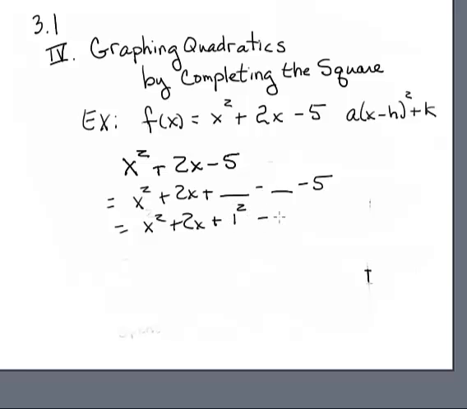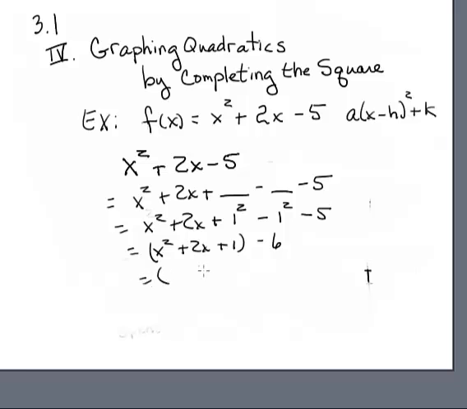Then you take away that same number, because if you add it in, you've got to take it away, because again, we're not adding to both sides because there's not two sides. Now that becomes x squared plus 2x plus 1. I can put it together as my perfect trinomial, minus 1 minus 5 is minus 6.